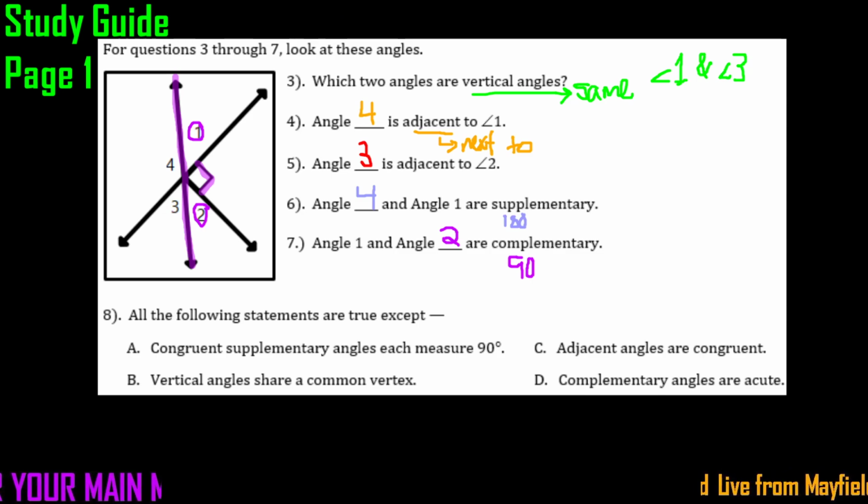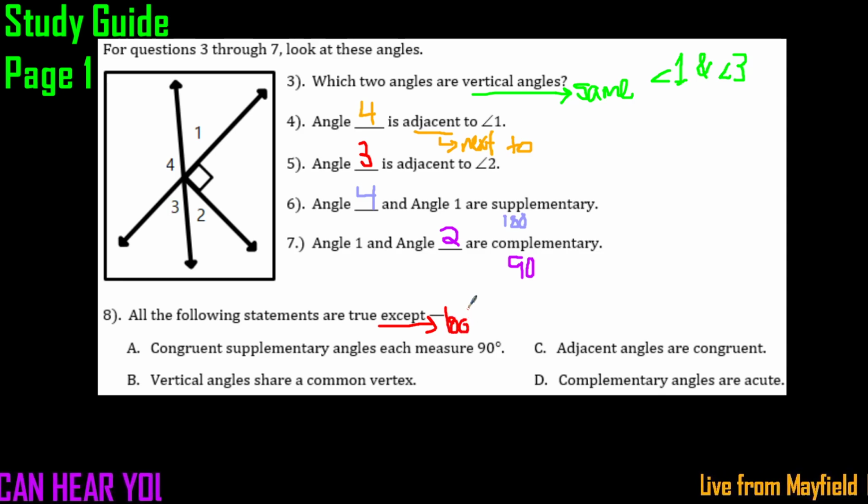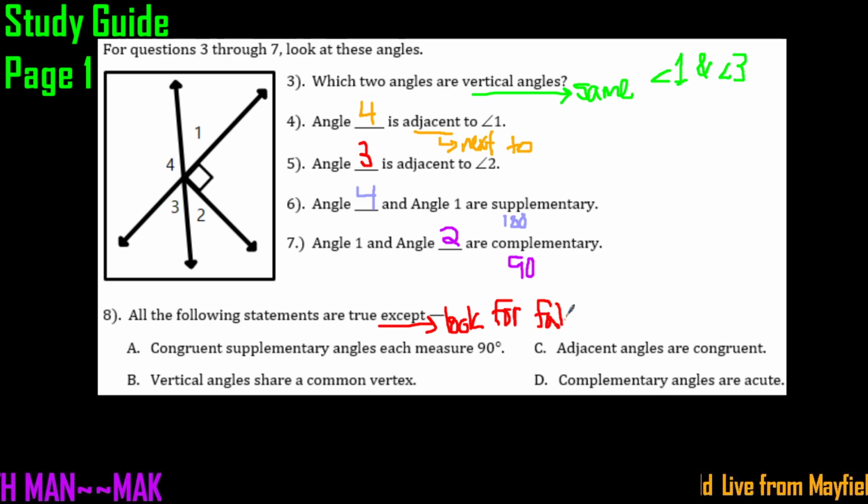For number 8, it says all the following statements are true except. So we're looking for a false statement. Alright, so let's see here. It says congruent supplementary angles each measure 90 degrees.